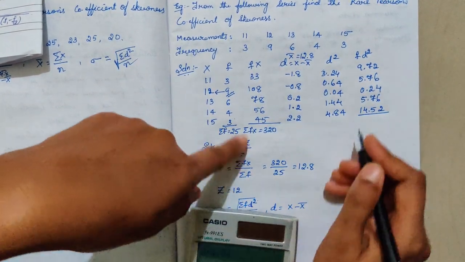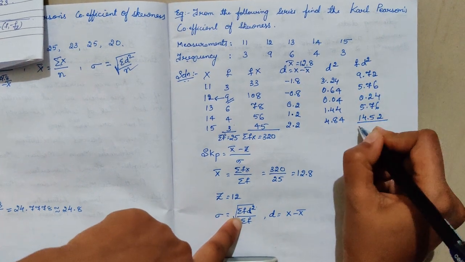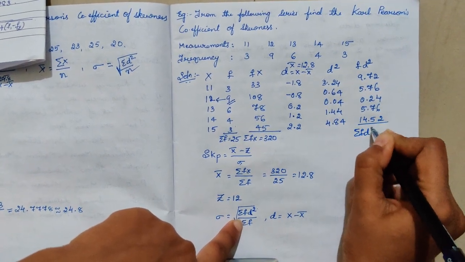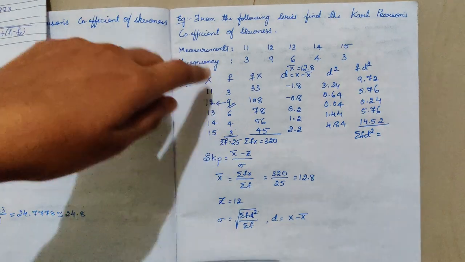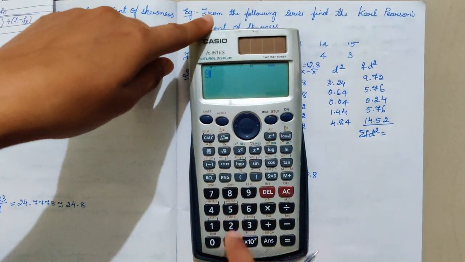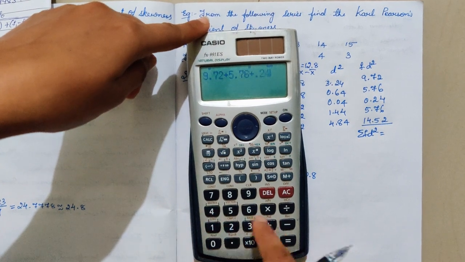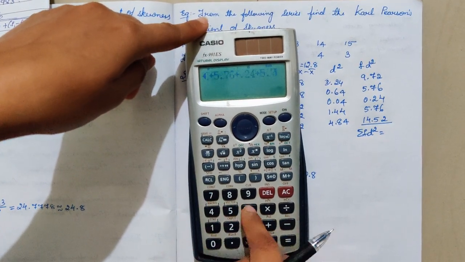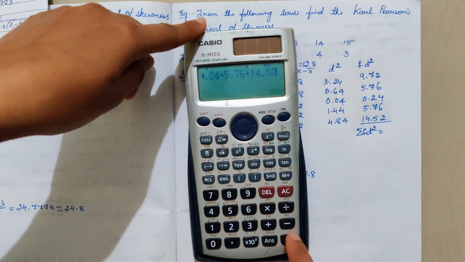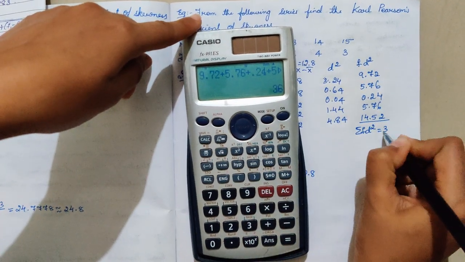To find the summation of fd square, we add all the values: 9.72 plus 5.76 plus 0.24 plus 5.76 plus 14.52. It's nothing but 36.